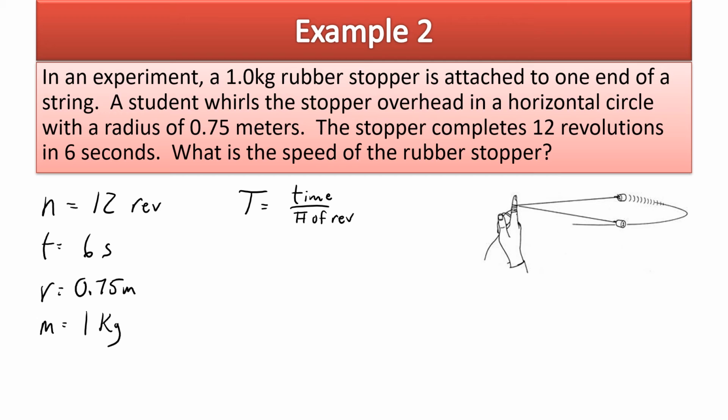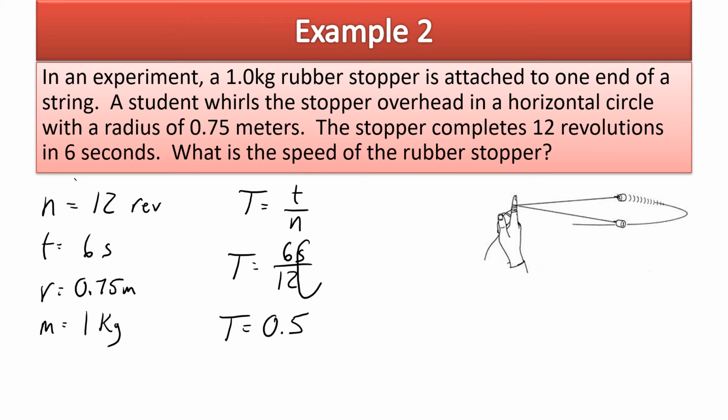If you want, you could write it with n. I didn't want to introduce too many variables, but n is just the amount. You've seen that in chemistry, the amount. So the period is equal to the time, 6 seconds, divided by the amount, 12 revolutions. So you do the period, and you get 0.5.